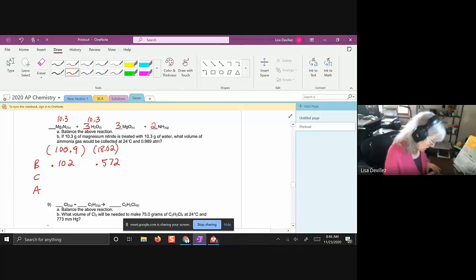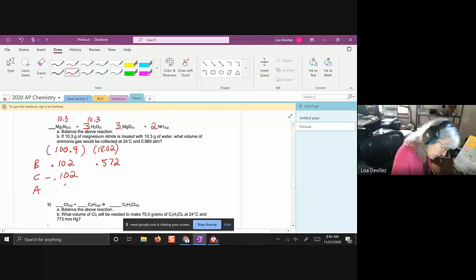And let's see, what do I need? 0.102 times 3. So I need 0.306 of the water to react all the magnesium nitride, and I have more than enough. So this is my limiting reactant. I don't really need it for this problem, but 0.572 minus 0.306, 0.266.